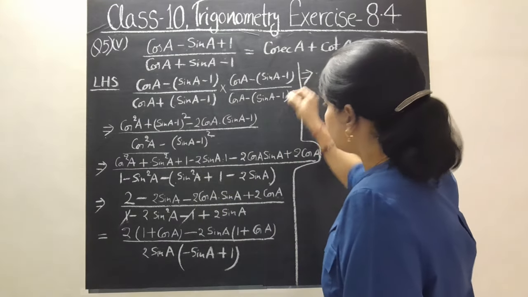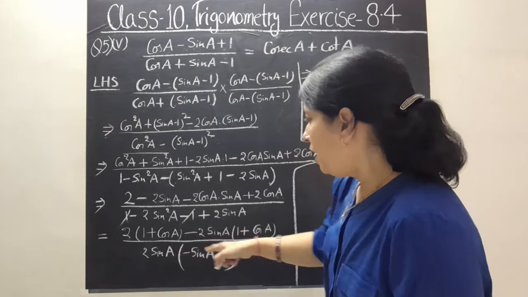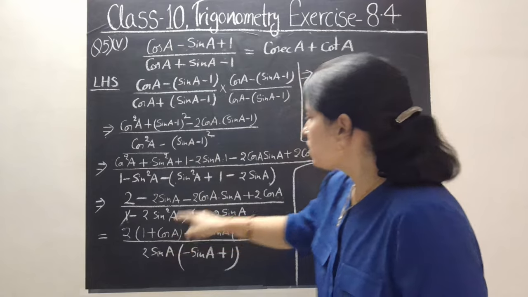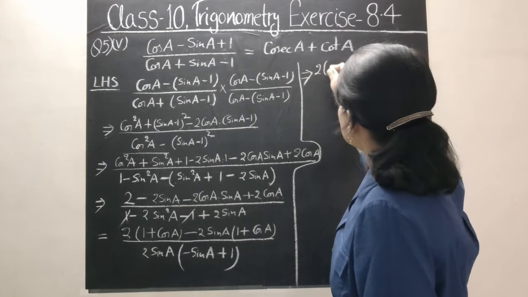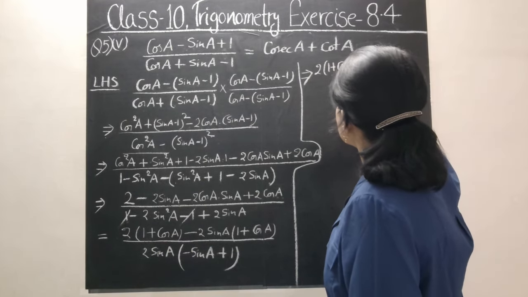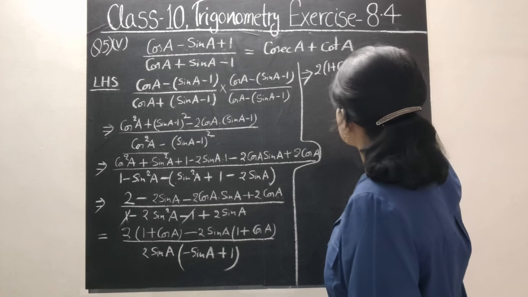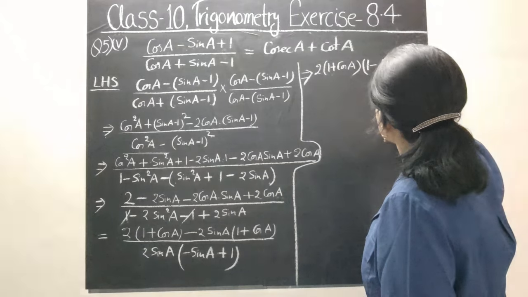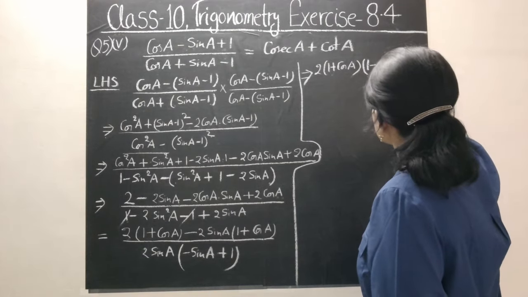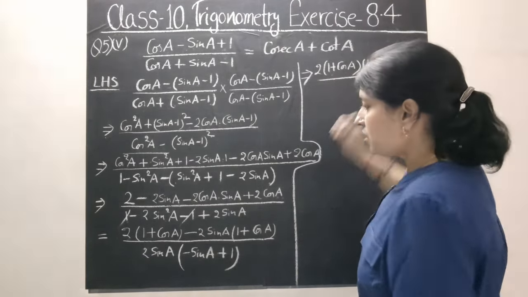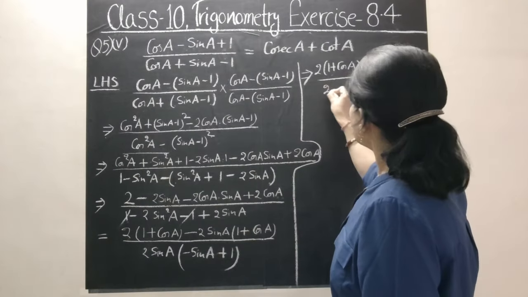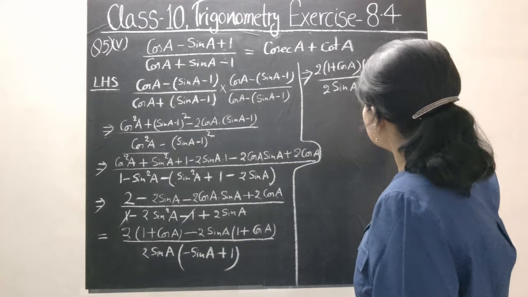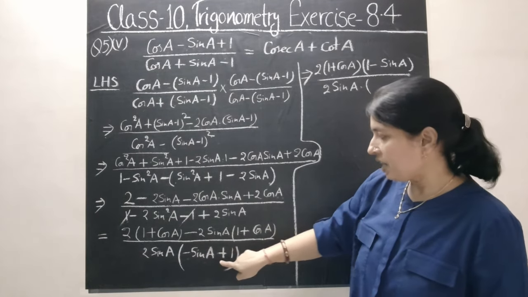After that write here. Again you can take common 2 into 1 plus cos a. Then you can write 1 minus sin a, which is divided by 2 sin a into, it is minus sin a plus 1.